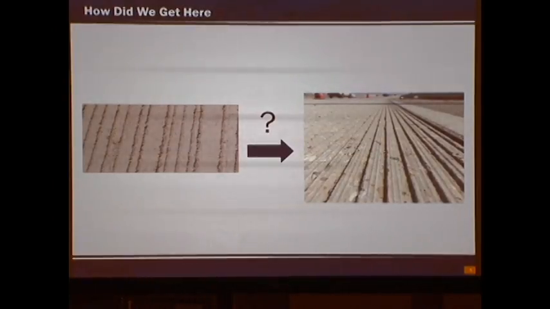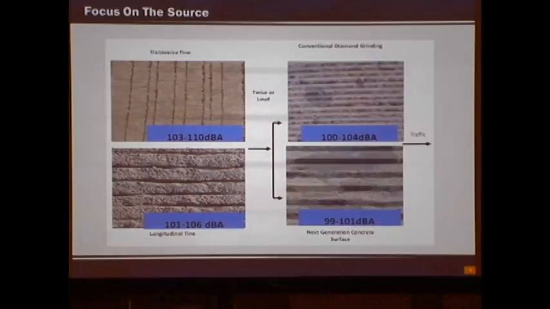So now the question becomes, how did we get to next generation concrete surface? How do we get from this transverse tining or this rake procedure in the field to next generation? To do this, Purdue focused on the interaction between the tires and the pavement surface, and this interaction is basically where the high levels of noise are coming from.